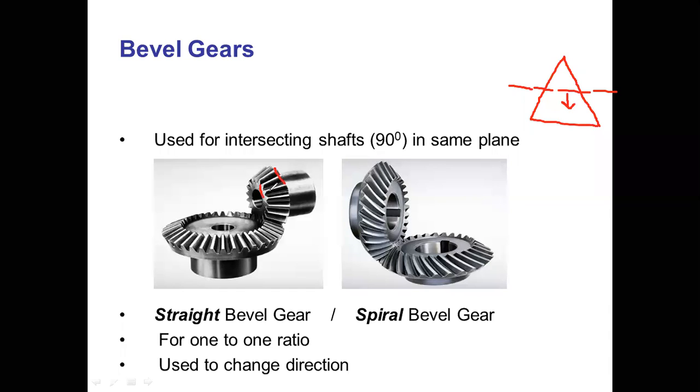This type of gear is called a bevel gear, and its orientation is towards its apex, or towards the center. The thickness of the bevel gear at the outer edge is more and at the inner edge it is less.